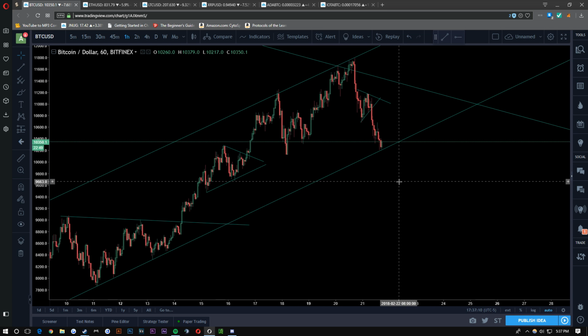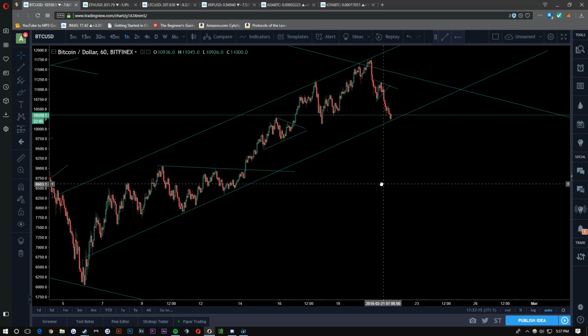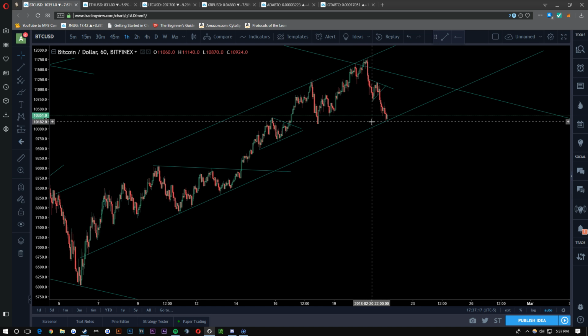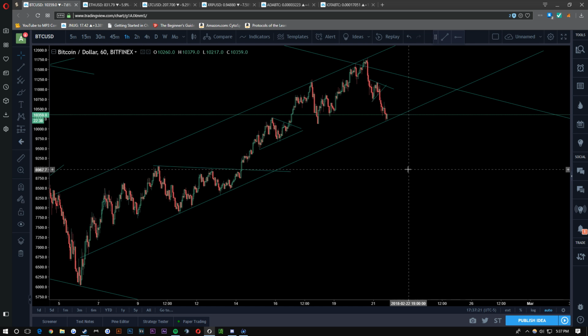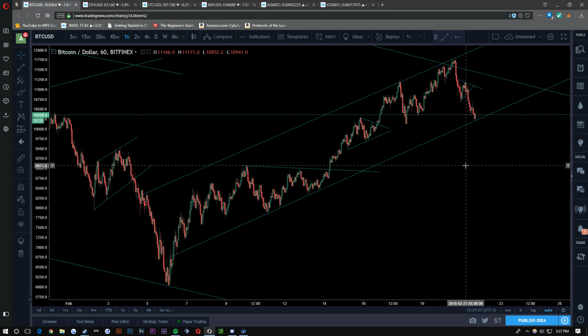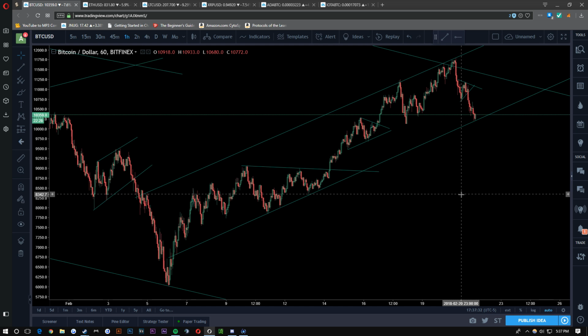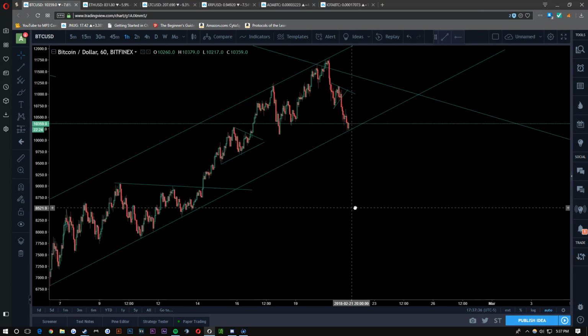Because based on current market conditions, it seems like if it drops below this line, then it's gonna go further. But there's also, let's see. No, that's not support. No. All right. Well, I'll try to look for something else. But yeah, that's what I think right now.